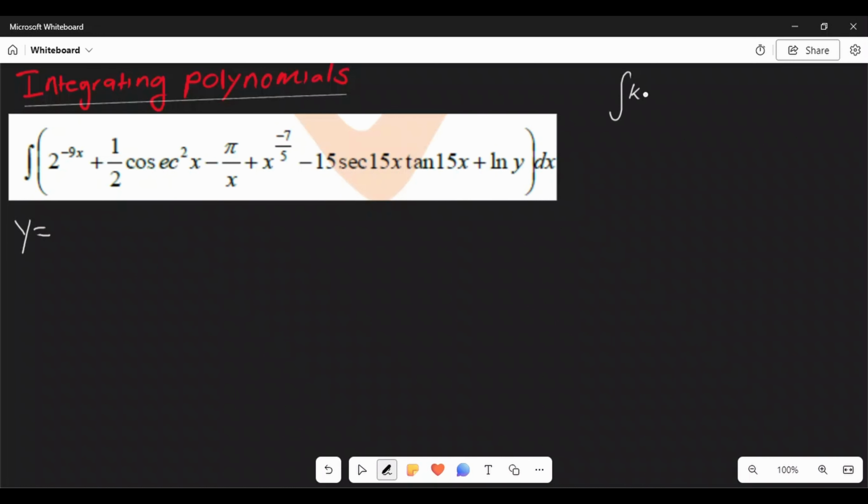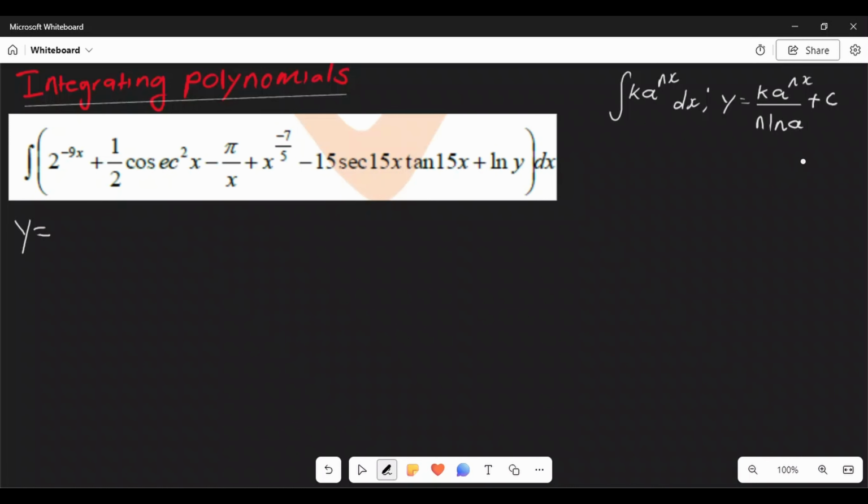We have the integral of k multiplied by a to the power of nx dx. When you integrate this, y equals the same k multiplied by a to the power of nx, but then you have to divide by the coefficient of x, which is n, then you multiply by natural log, then the base, which is a, plus c.